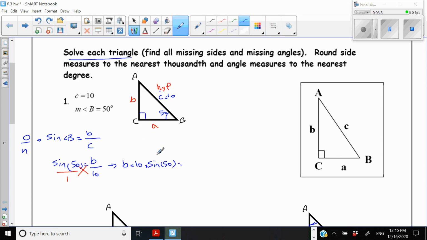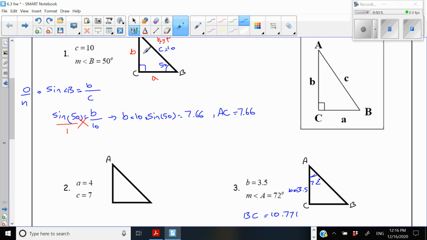So I'm going to write 7.66. That's this side. I can also name this side as AC. So I can write AC equal to 7.66, or write just b equal to 7.66. Doesn't really matter.